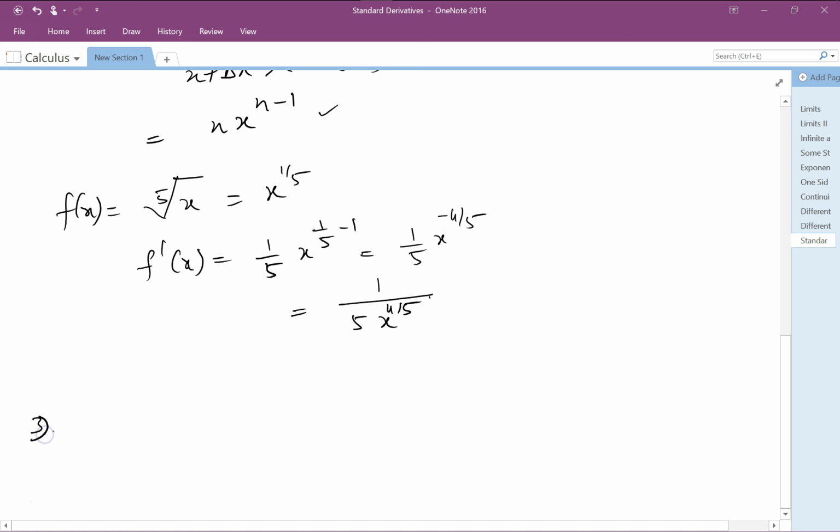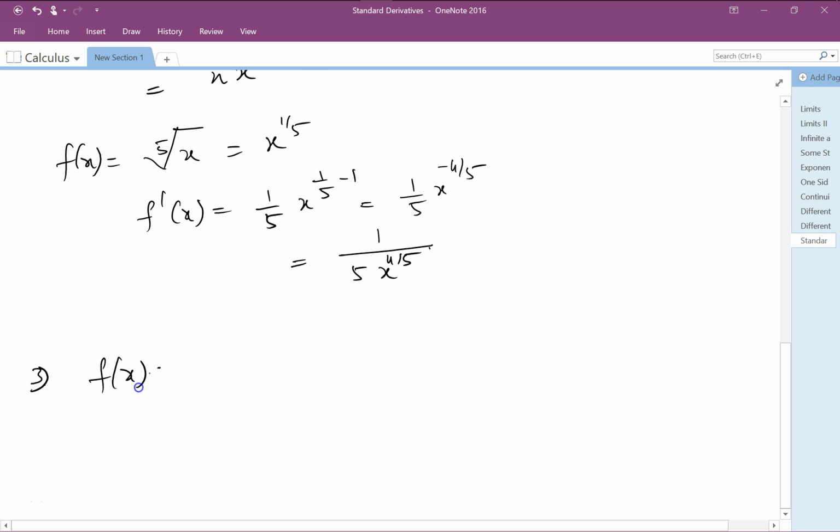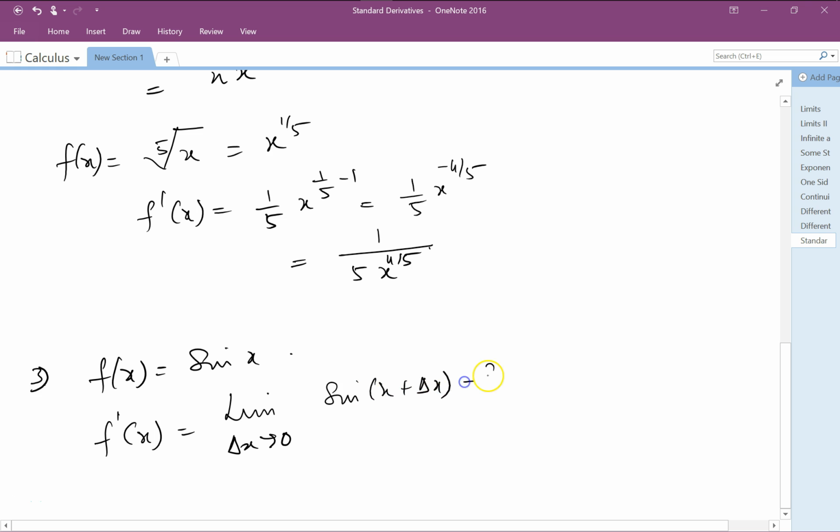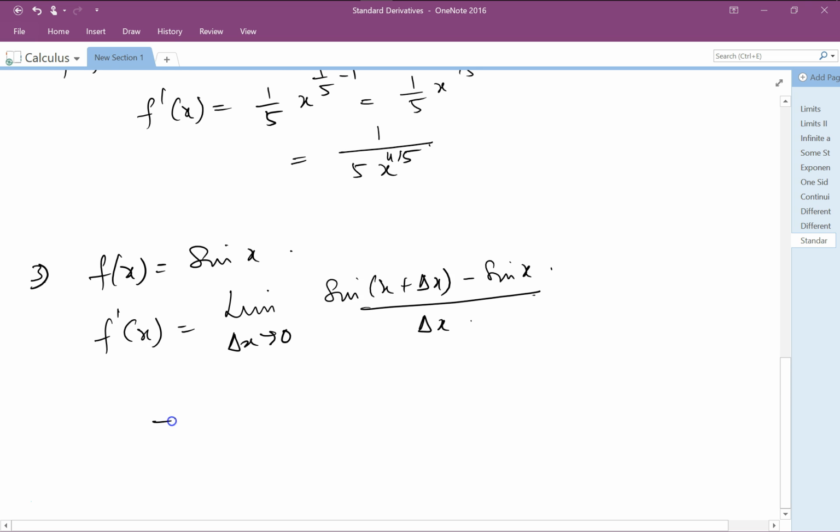Okay, let's look at some trigonometric functions. f of x equal to sine x. So f prime of x is equal to limit as delta x approaches 0 of sine of x plus delta x minus sine x divided by delta x. Now this is sin A minus sin B, so we need to know the identities.